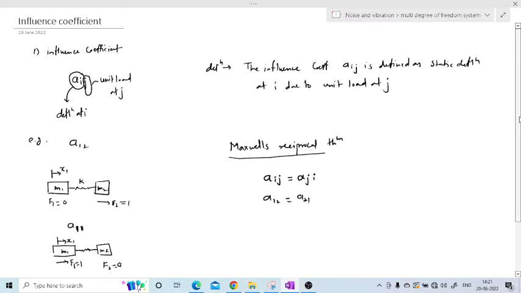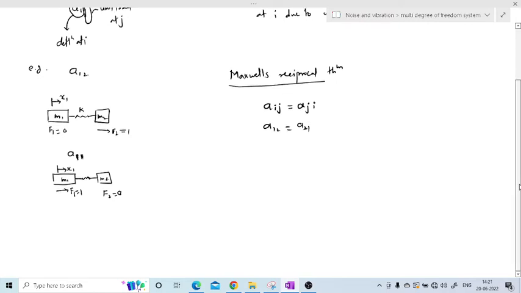Similarly, there is another term in this influence coefficient, and that is the stiffness influence coefficient. Now, what is this stiffness influence coefficient? It is denoted by Kij. It is completely opposite to Aij.